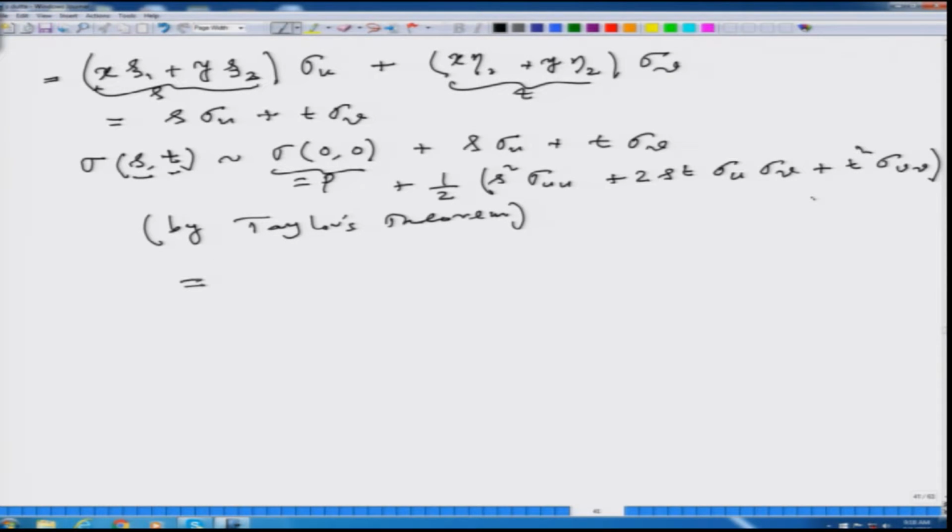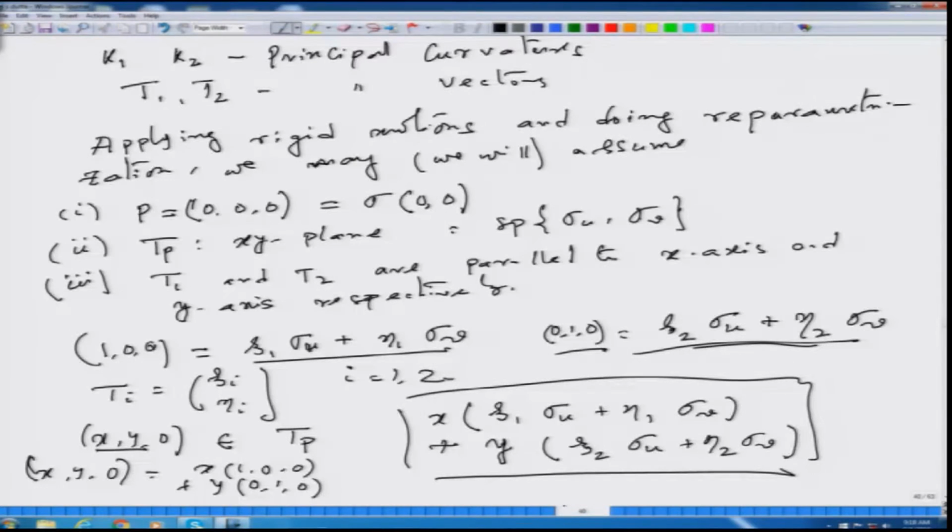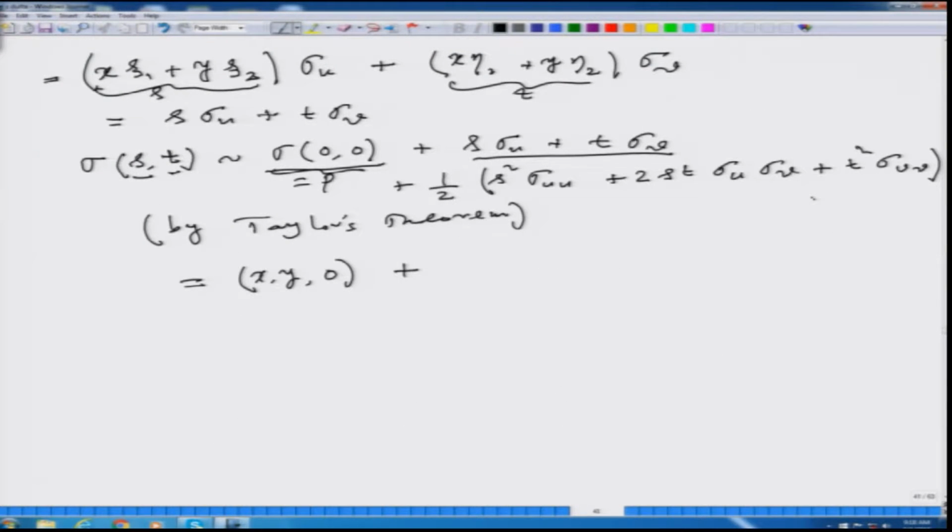Now I write x y 0 plus this is 0, right. This fellow is 0, the origin, this is my x y 0 from the previous page, which I have written in this form s sigma u plus t sigma v. So, this x y is x y 0 plus whatever remains.